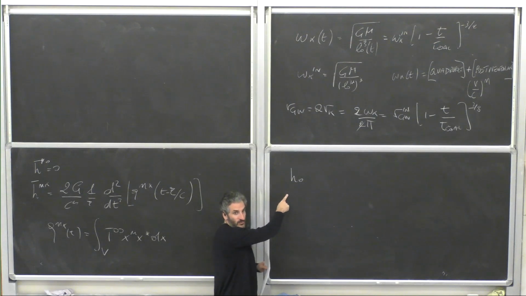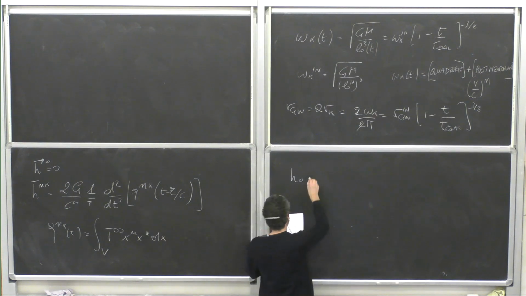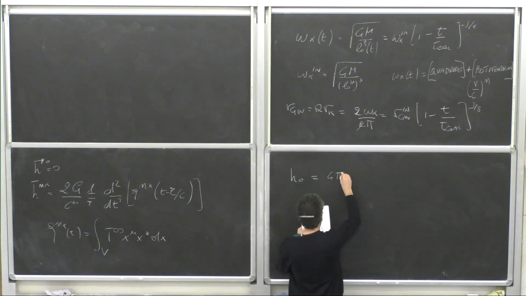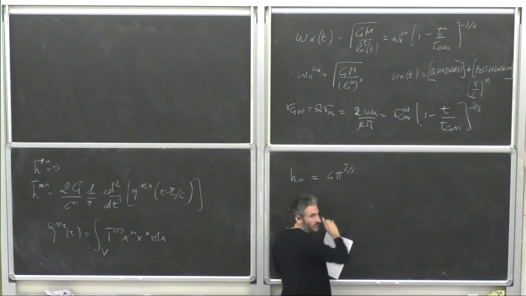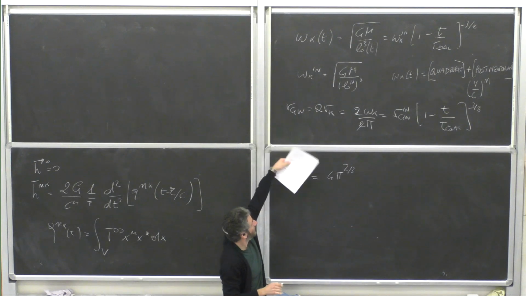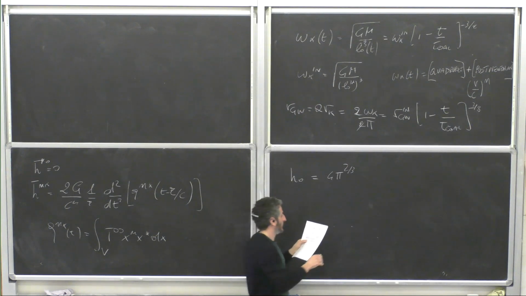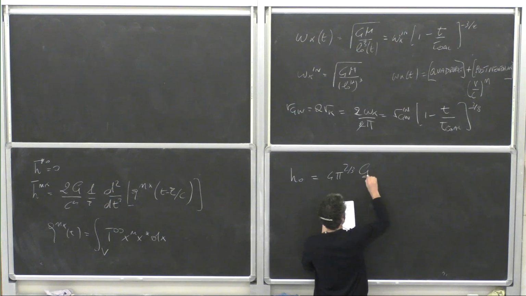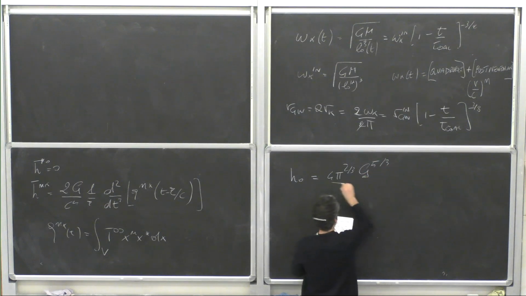And that amplitude depends on the masses of the binary and on the frequency. Now for us, this h0, I'll just give you the final formula, but what you have to do is replace the values of the gravitational wave frequency depending on time in that formula. What you find is that the final expression will be this.